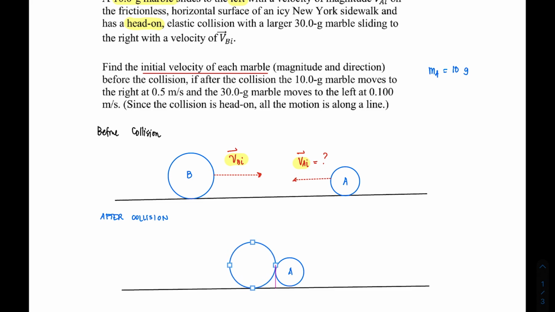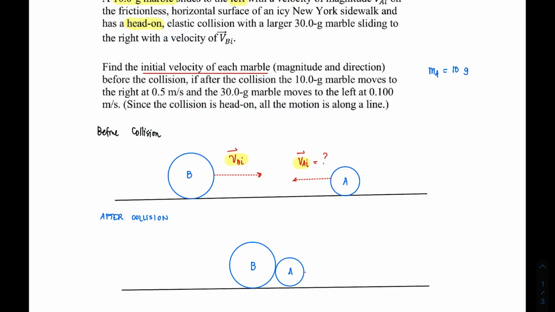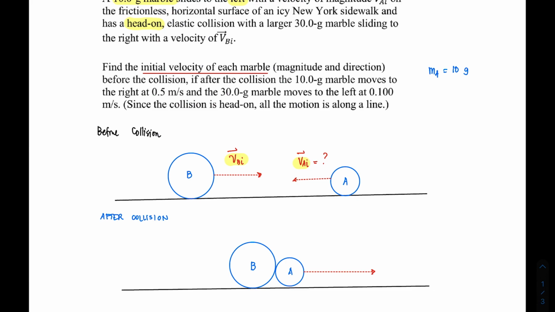This one is B. After the collision, the 10-gram marble moves to the right, so that means it's now moving towards the right with a velocity of 0.5 meters per second. So I'm going to label that one as my VAF, which is 0.5 meters per second.